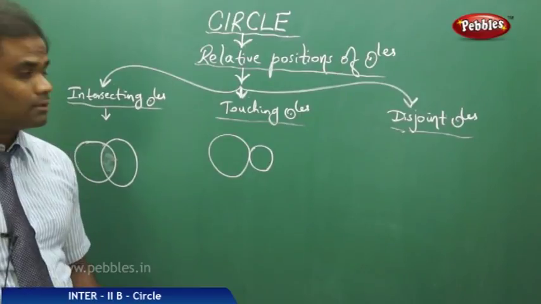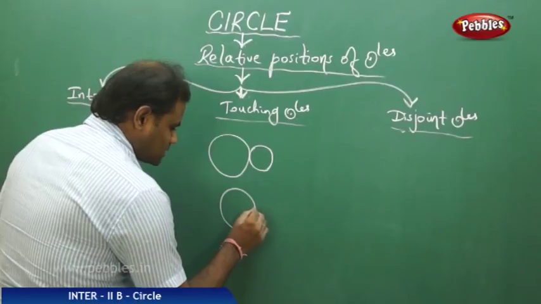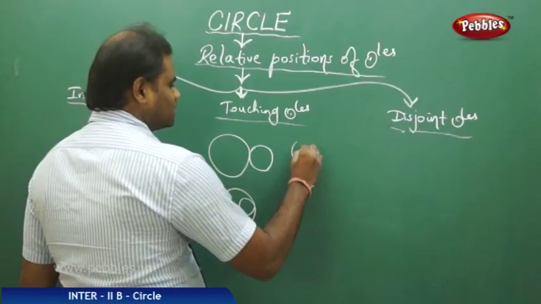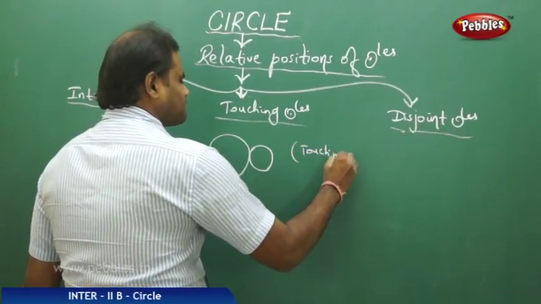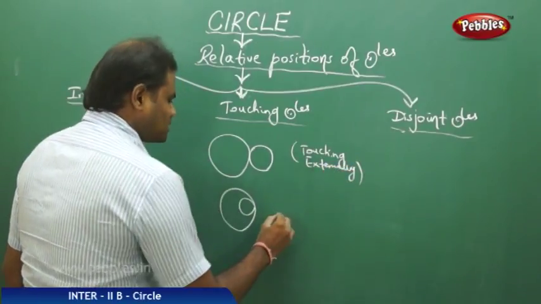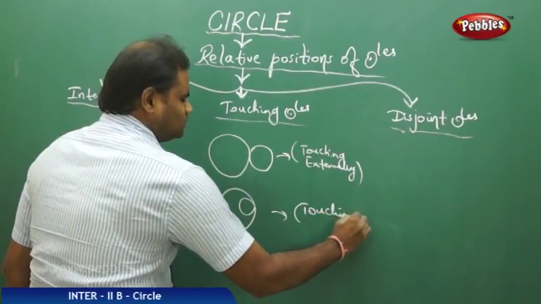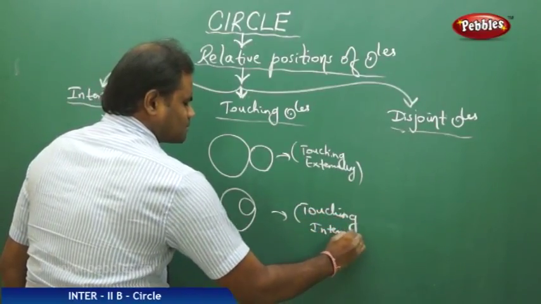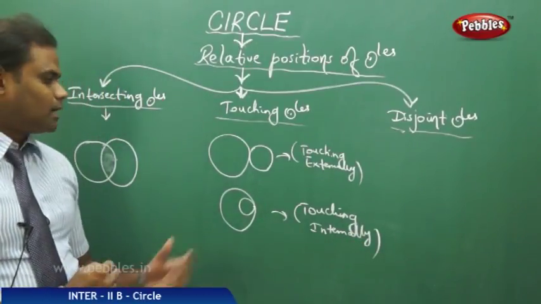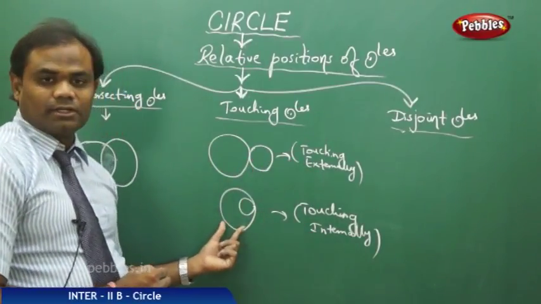The possibility is that this can also touch inside, where this is called touching externally, and this is called touching internally, because the two circles are touching inside each other, and here they're touching outside.